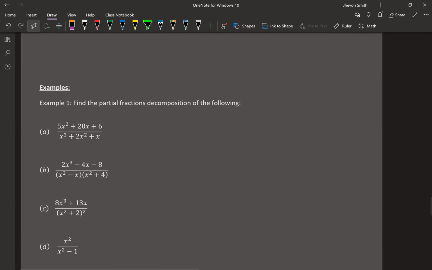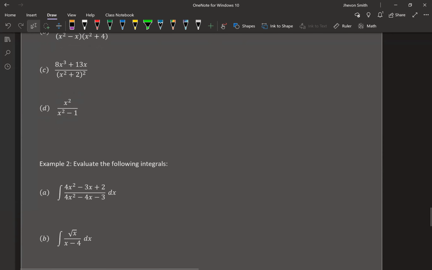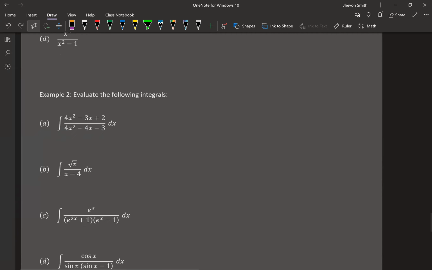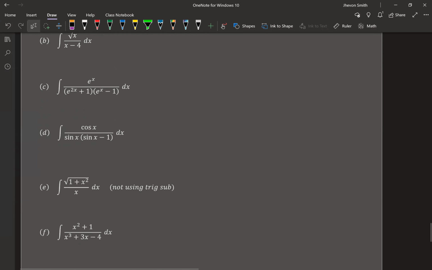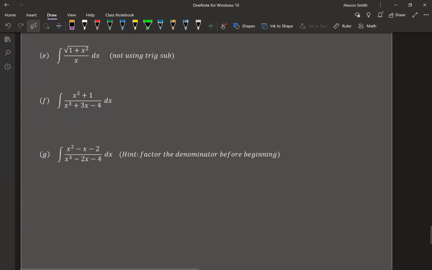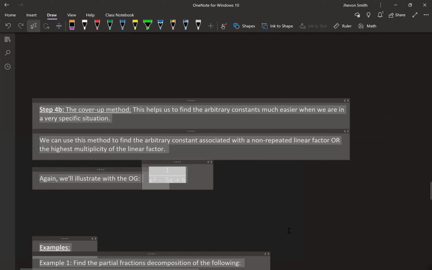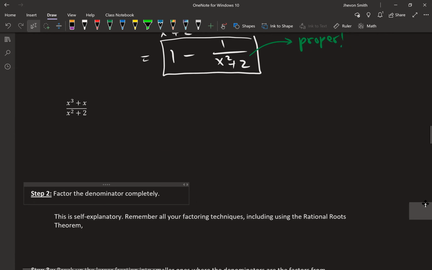After I finish teaching you the method, we're not going to have time to go through these examples, but I will leave them in the notes for you to try. These are all examples that we can do using partial fractions to help us. I think that's everyone. Okay. Move these to the side.